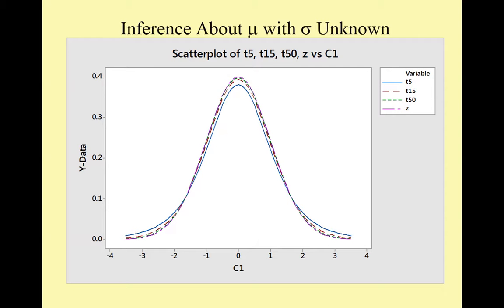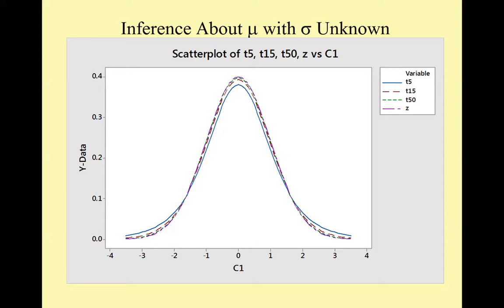Look at the following graph. There are several t-distributions. There's a t with 5, 15, and 50, what are called degrees of freedom, and a z-distribution, which is your standard normal. And then these are plotted against the values of those functions, which we just put in column C1.